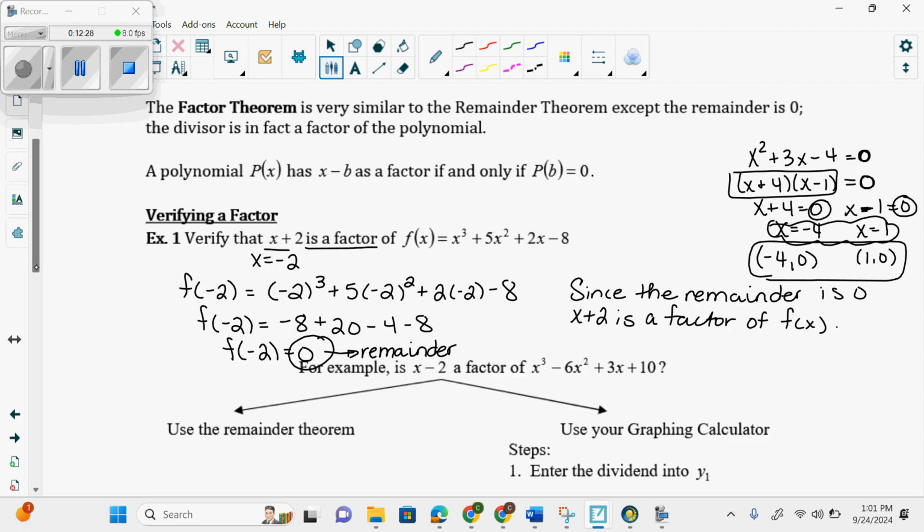When I plug something in for x, I get an output of y. I just found a coordinate, -2, 0. So what are we trying to do? We're trying to find the x-intercepts and work them back to factors. It's essentially what we're doing, trying to find all the x-intercepts.